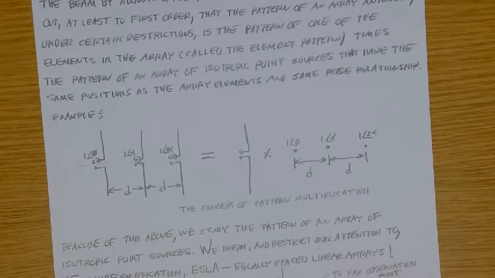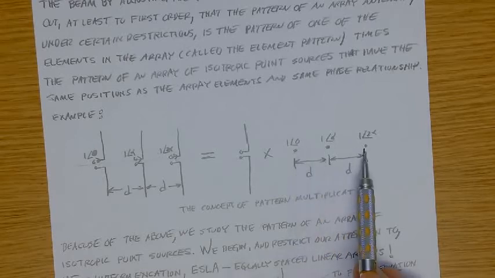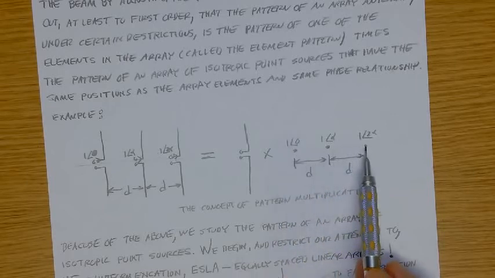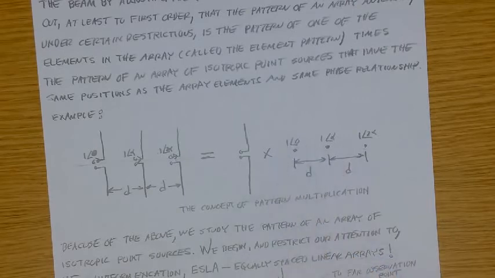Okay, so what we're about now is to determine the pattern associated with an array of isotropic point sources. If you looked at the pattern of each isotropic point source, it would be just a circle, because it is isotropic. That means it radiates equally well in every direction.